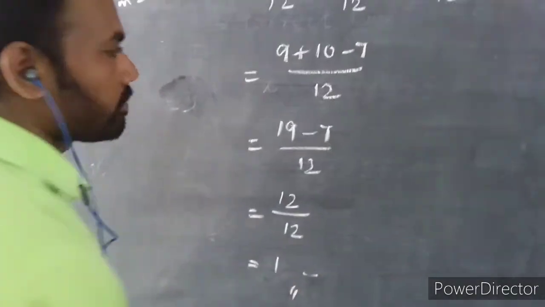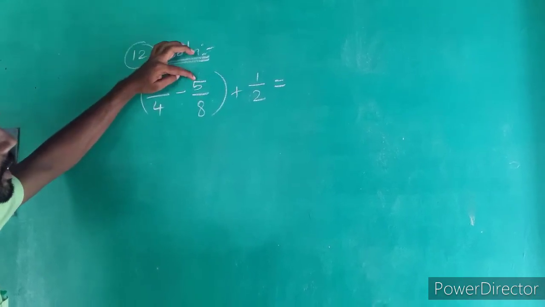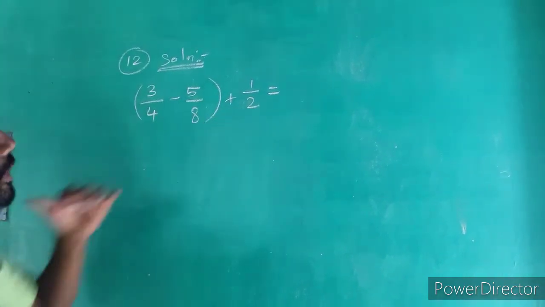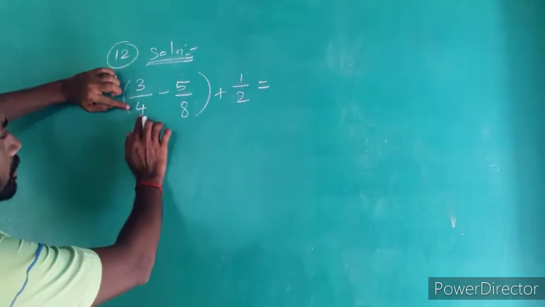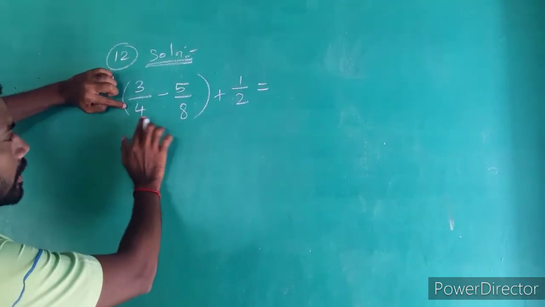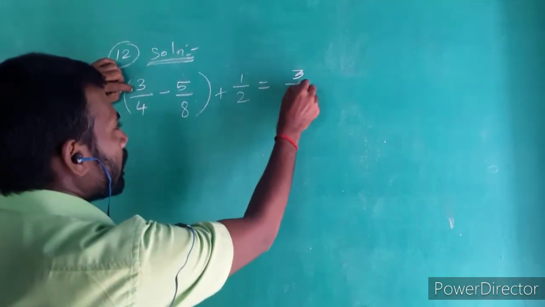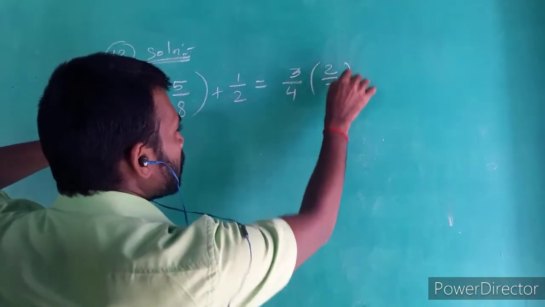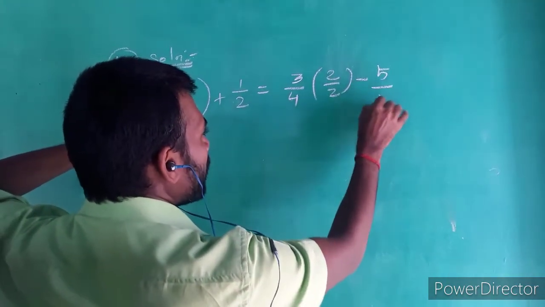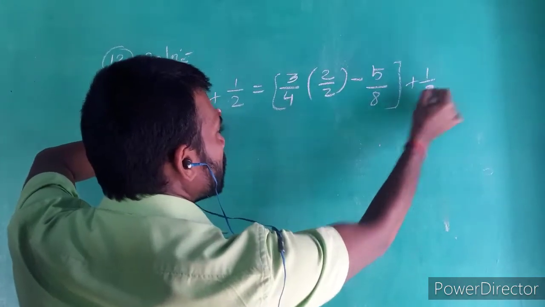So next question, the 12th sum: 3 by 4 minus 5 by 8 into plus 1 by 2. Now, first solve the bracket value. The denominators are different, so take the LCM, which is 8. 3 by 4 multiplied by 2 by 2, minus 5 by 8, plus 1 by 2.